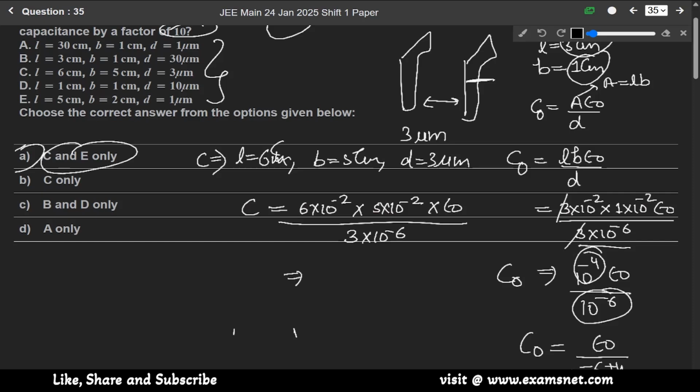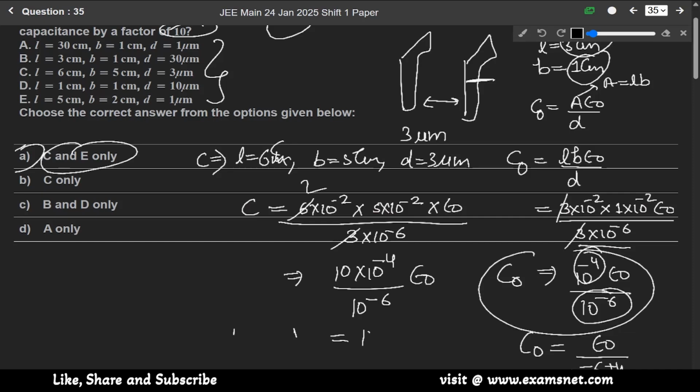So it will be 3 to the 6, 5 to the 10 into 10 to the power minus 4 over 10 to the power minus 6 epsilon naught. So it will be 10 C naught, means option C is correct.